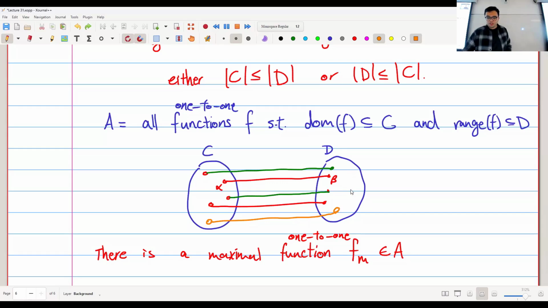It's covering all of D, but not all of C. It's covering all of D, so it's onto. So I can look at the inverse of this function, and that's a one-to-one function from D to C, right? So in any case, I'm either getting a one-to-one function from C to D or from D to C.